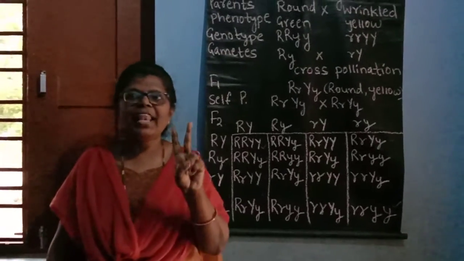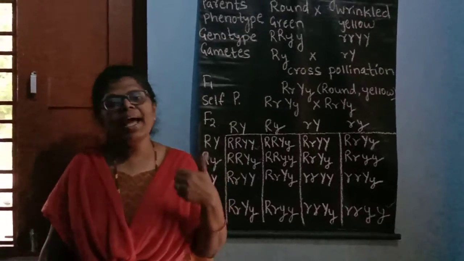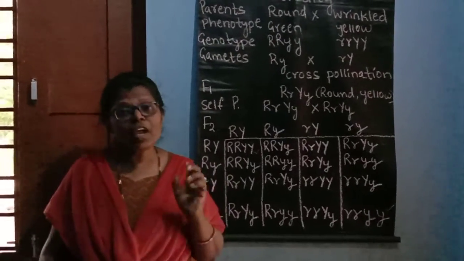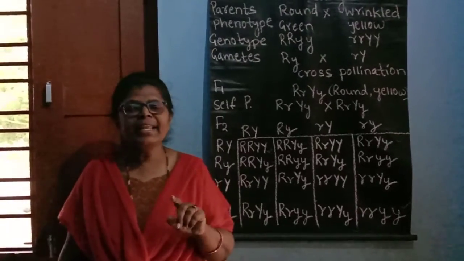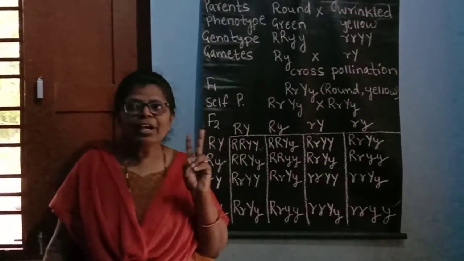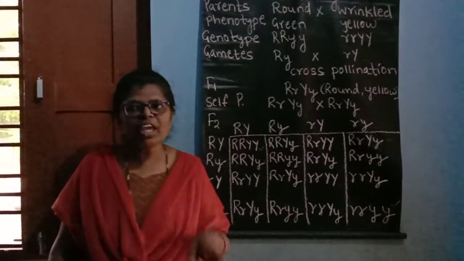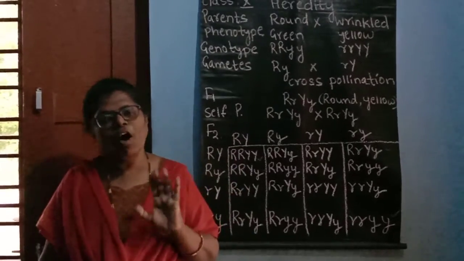So each cell will have 2 copies of chromosomes, one from the male and the other from the female parent. So every germ cell takes 1 chromosome from each pair and it can be either maternal or paternal. When 2 germ cells combine, they restore the normal number of chromosomes in the offspring.